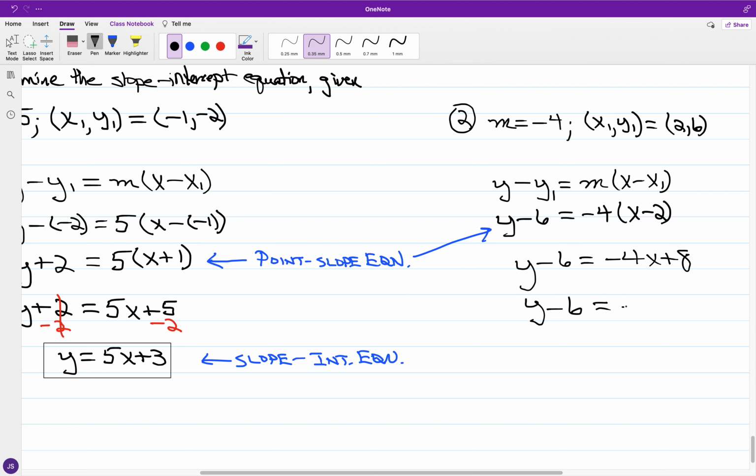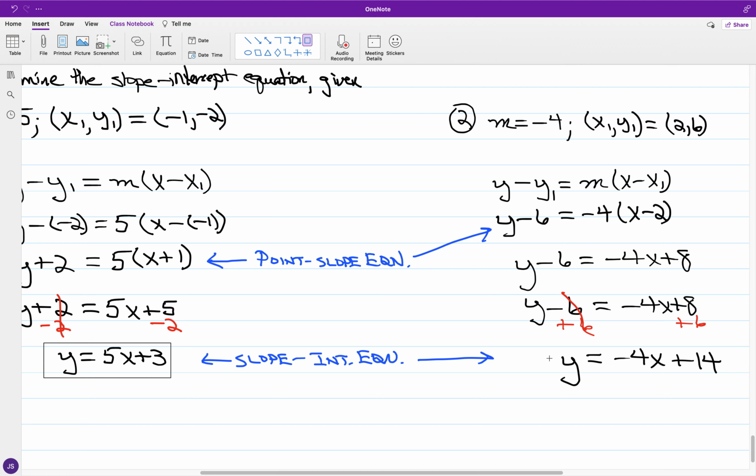And in terms of getting y by itself, if I add 6 to both sides, we're going to have y equal to -4x, and 8 plus 6 is 14, so you have y equals -4x plus 14, and that is going to be the slope-intercept equation outcome.